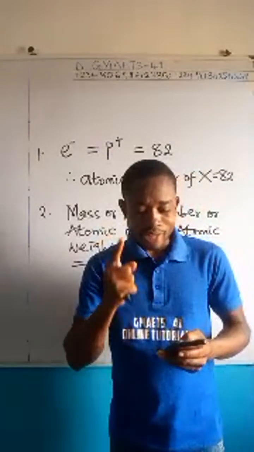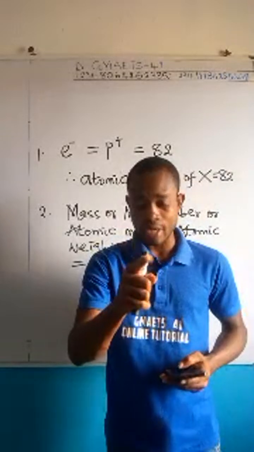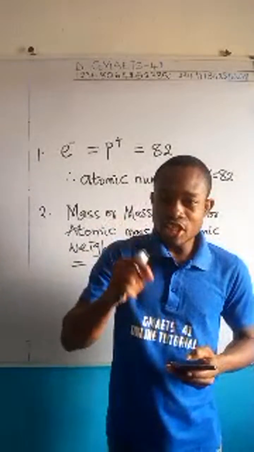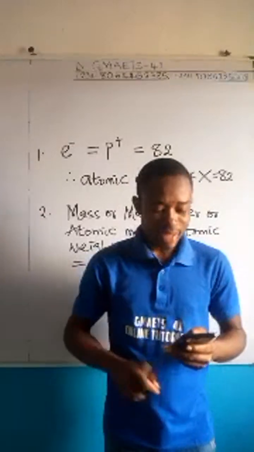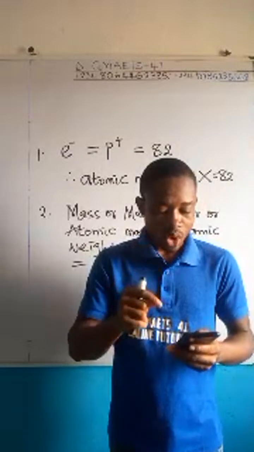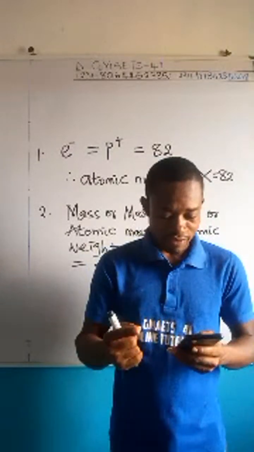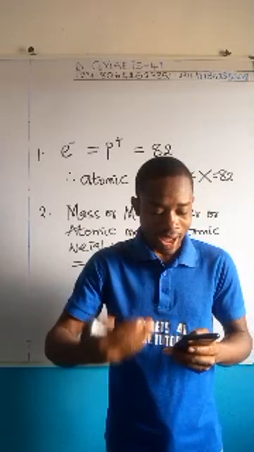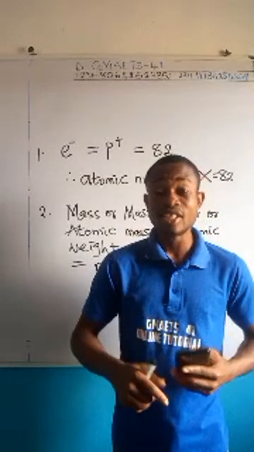A particle that contains 9 protons. Take note, how many protons? 9. 10 neutrons. How many neutrons? 10. And 10 electrons. What will that atom be? Will it be, according to A, positive ion, B, neutral atom of a metal, C, neutral atom of a non-metal, D, a negative ion?